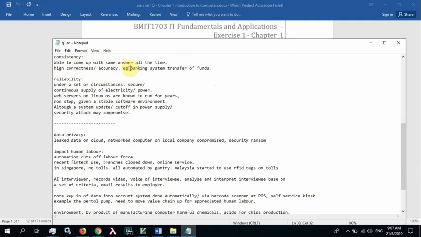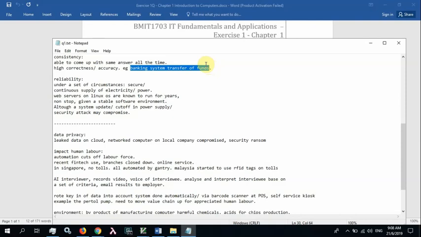Okay, so banking systems for transferring funds, consistency. You must have one account being withdrawn and the other account to be debited for a proper transfer.